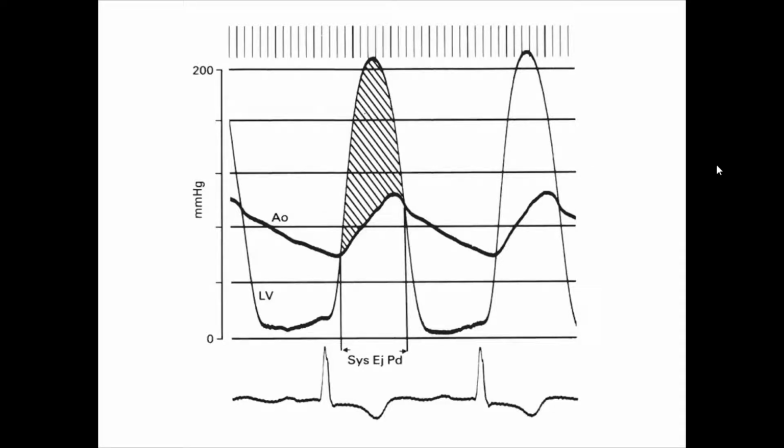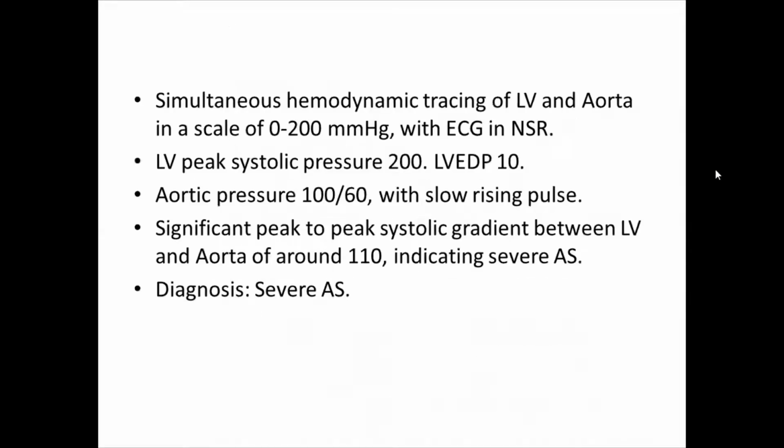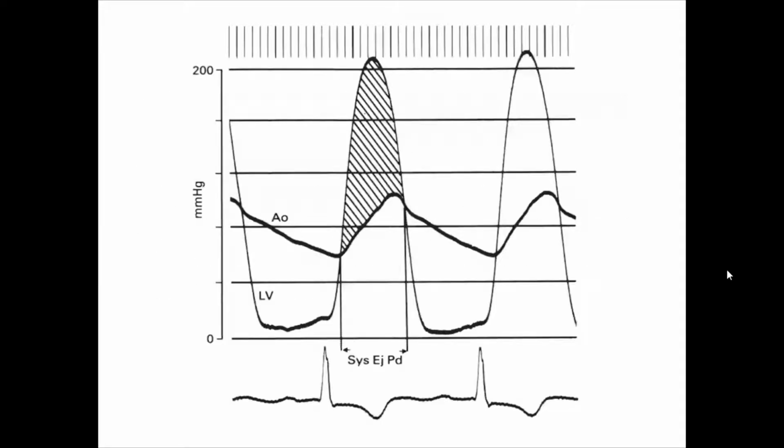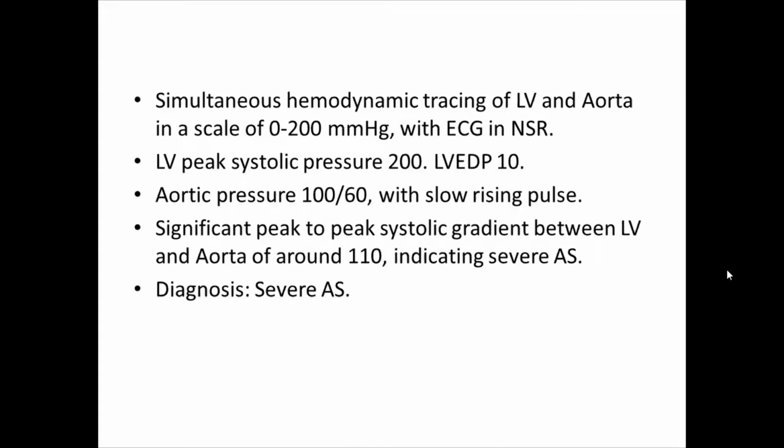So try to be familiar with a certain protocol, or adopt a protocol to describe hemodynamics, so you can get the diagnosis easily. In this one, I will say: simultaneous hemodynamic tracing of LV and aorta in a scale of 0 to 200 with ECG in sinus rhythm. LV peak systolic pressure is around 200, LV EDP around 10, not high.